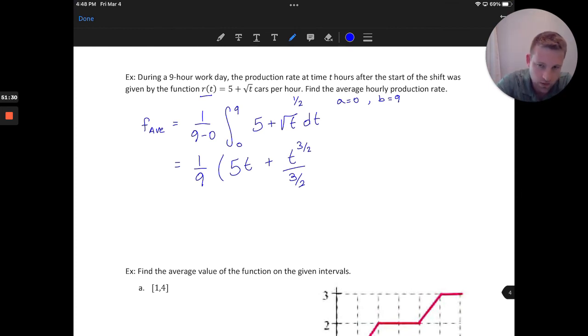So let's go ahead and just flip that around and consider this as 2/3 times t raised to the 3/2. And then we'll evaluate this function from 9 to 0.